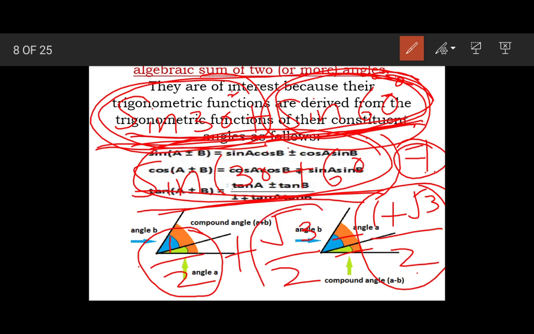Sine 60 degree is root 3 upon 2. Then sine 30 plus sine 60 is the addition of two values, right? 1 upon 2 is the value of sine 30 degree. Root 3 upon 2 is the value of sine 60 degree. So this is nothing but the addition of two values.